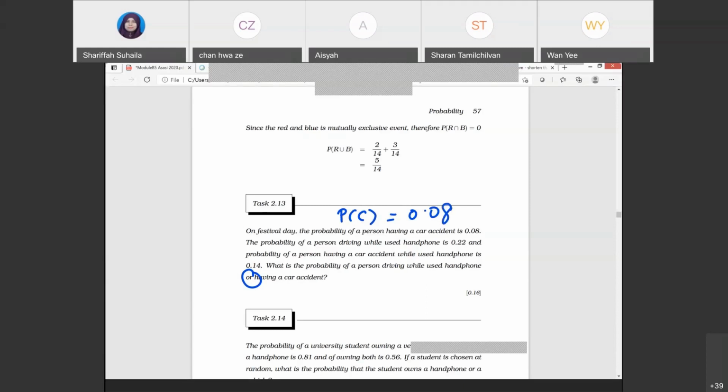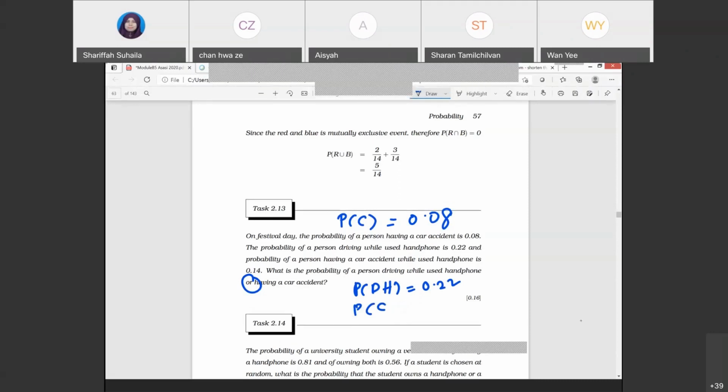The probability of a person driving while using handphone, let's say in English, driving while using handphone is 0.22. And the probability of a person having a car accident while using handphone, CH, is 0.14.